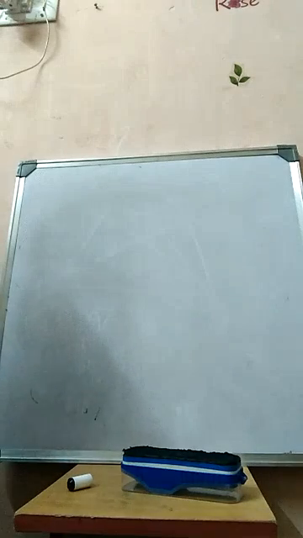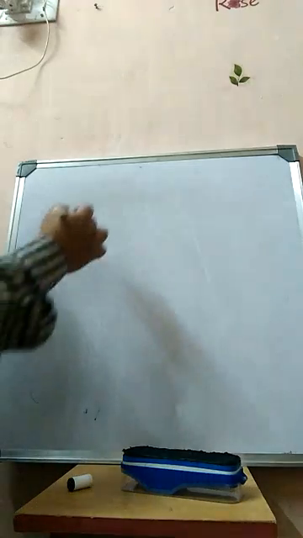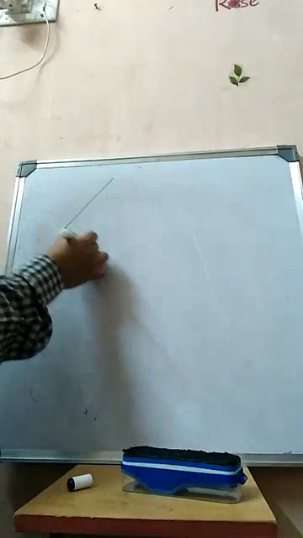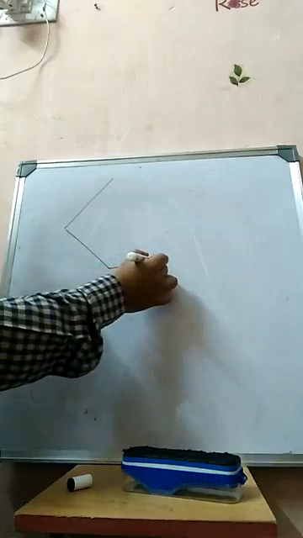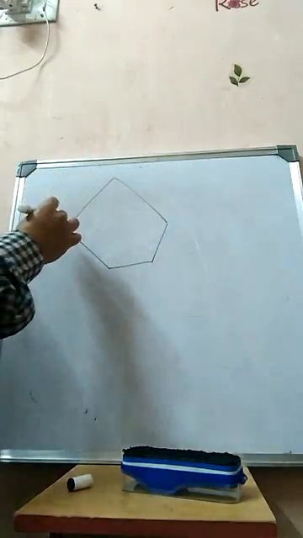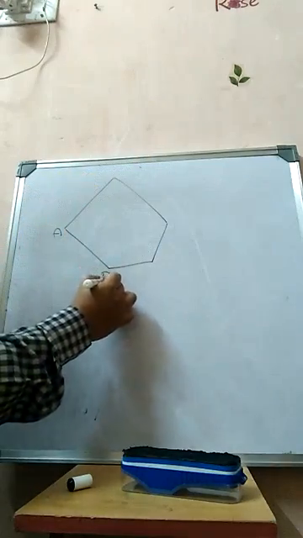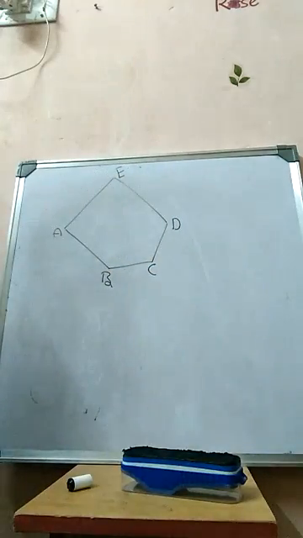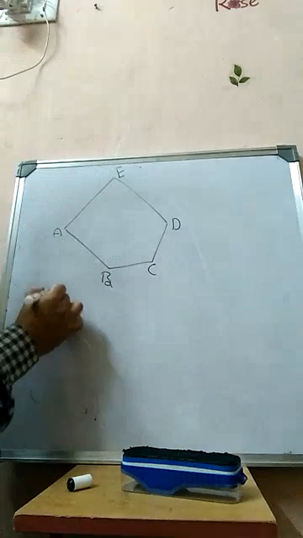In exercise 11.4, the fourth problem, one figure is given. It is a pentagon again. The name of this pentagon is ABCDE. Two questions are asked here.